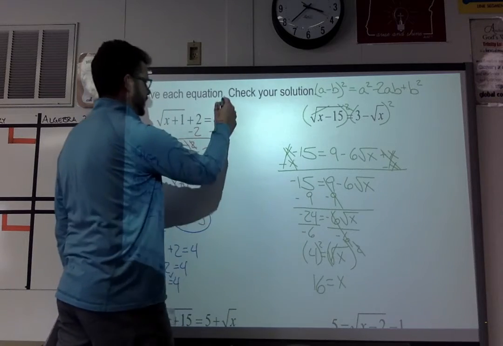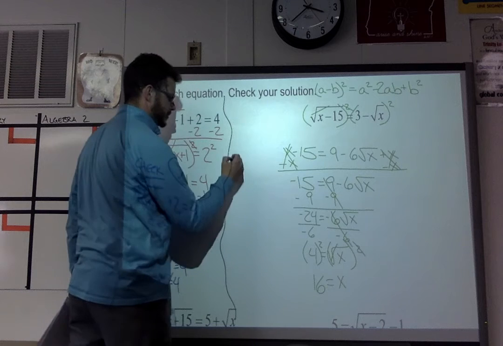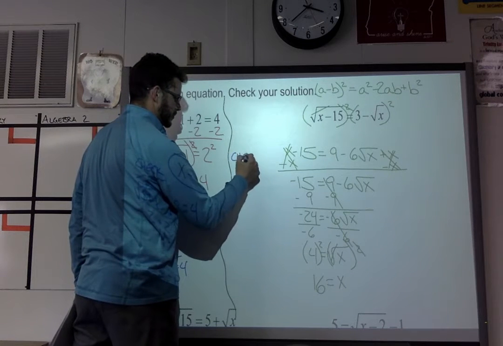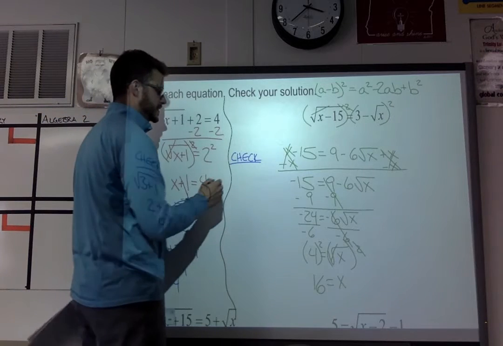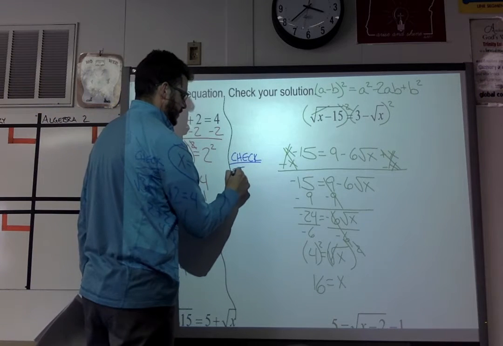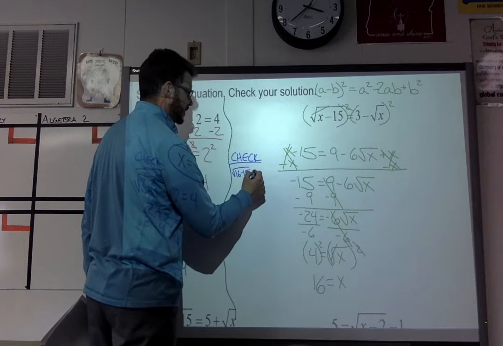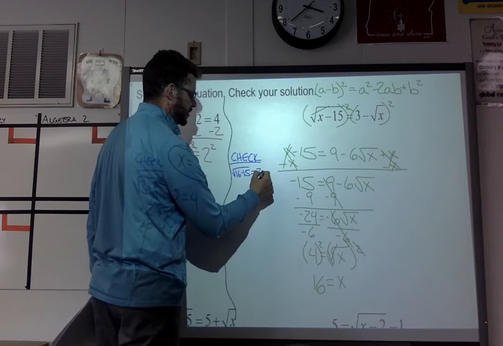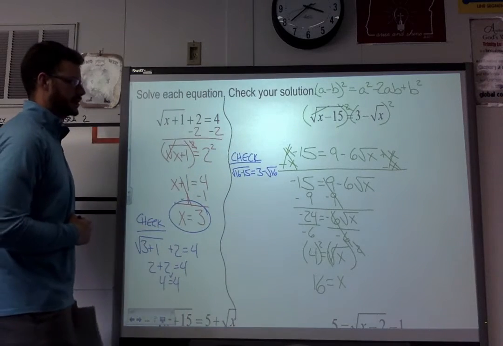Now let's go ahead and check that to see if it works. So when I check my work, when I plug in 16, I get the square root of 16 minus 15 is equal to 3 minus the square root of 16.